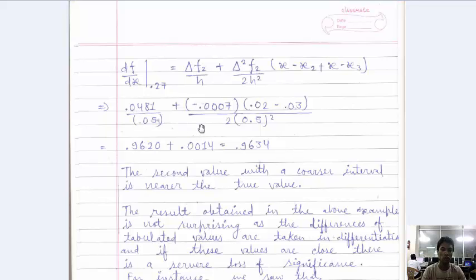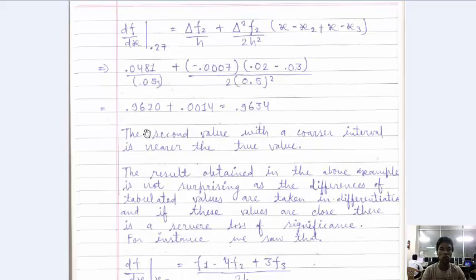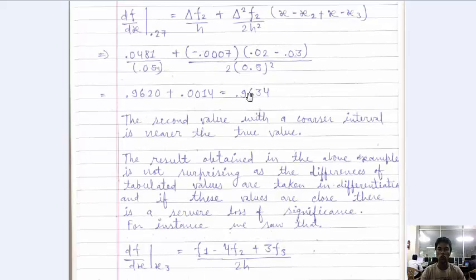Here we solve by putting in the values: 0.9620 plus 0.00414 is equal to 0.9634. The second value of the polar interval is near the true value.